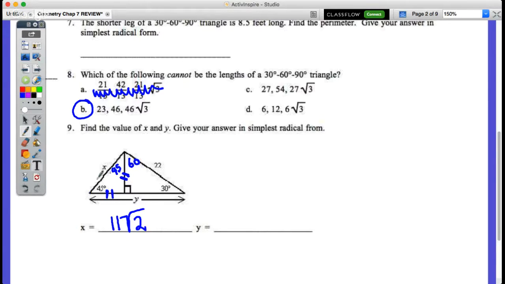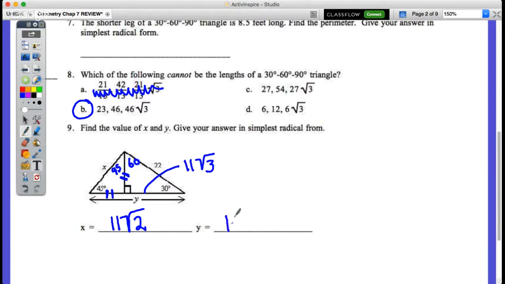Now, in this one, in Y, this is 11, right? This part here is actually 11 radical 3, correct? When you add them together, it's not 22 radical 3.